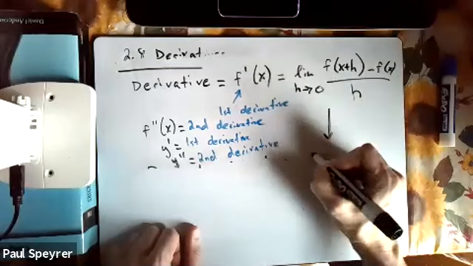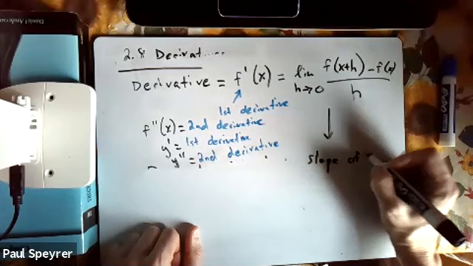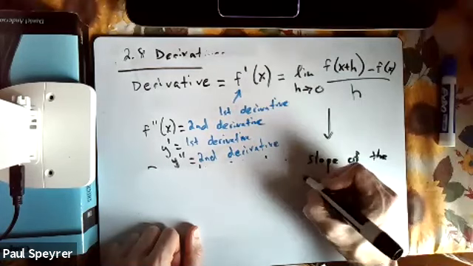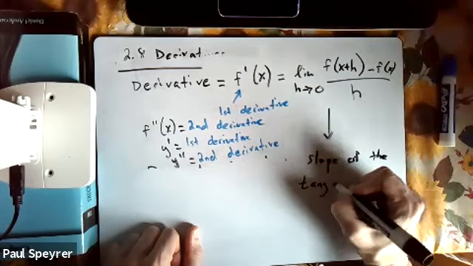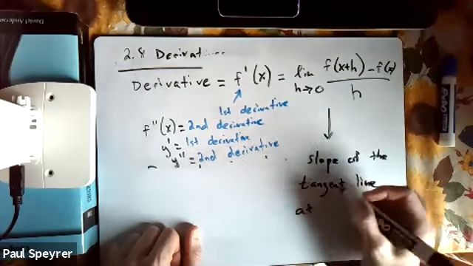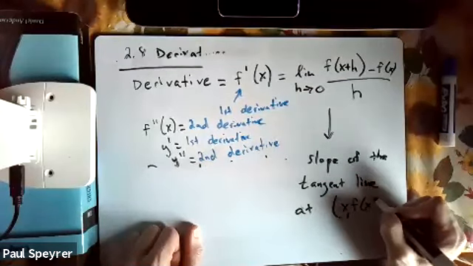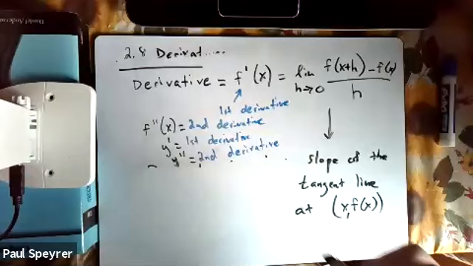And this is just equal to the slope of the tangent line at x comma f of x.